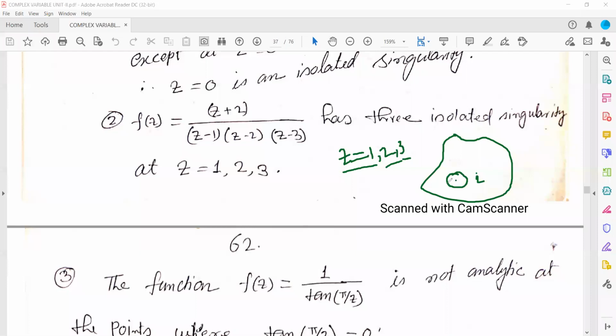Similarly, at the point z equal to 2, if you draw a small circle, neither 1 nor 3 will come inside the small circle. So all these singularities are isolated singularities.